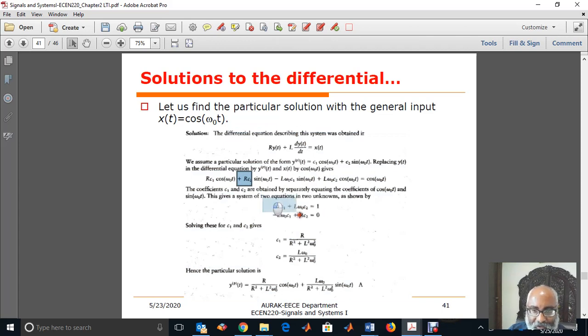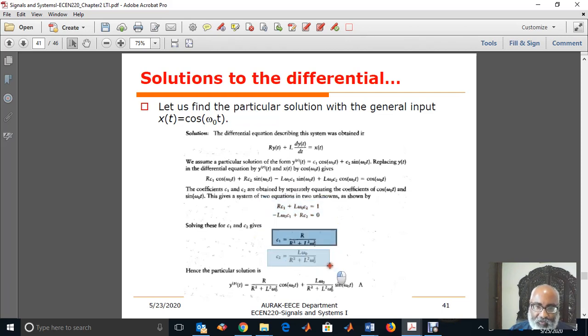So I have two equations with two unknowns. The unknowns are C1 and C2. Omega naught, R, and L are given from the circuit itself. By solving these two simultaneous equations, we have C1 and C2.